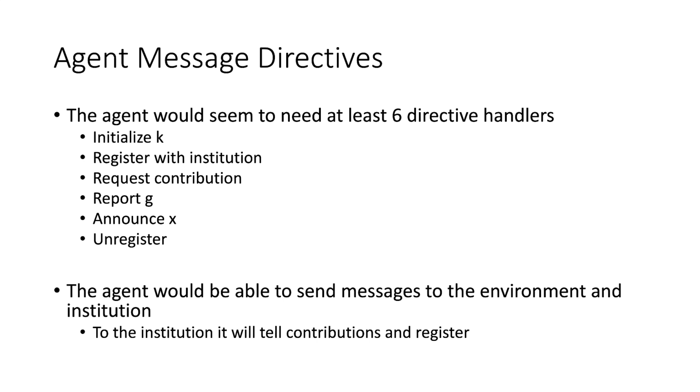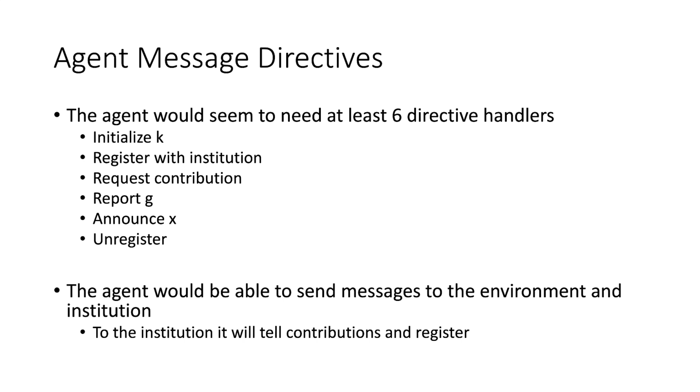So additionally, the agent has a couple of messages it needs to send to the environment and institution. In this case, it's more the institution that it will be sending to, of course. So to the institution, it'll need to say what its contributions are and also to register.